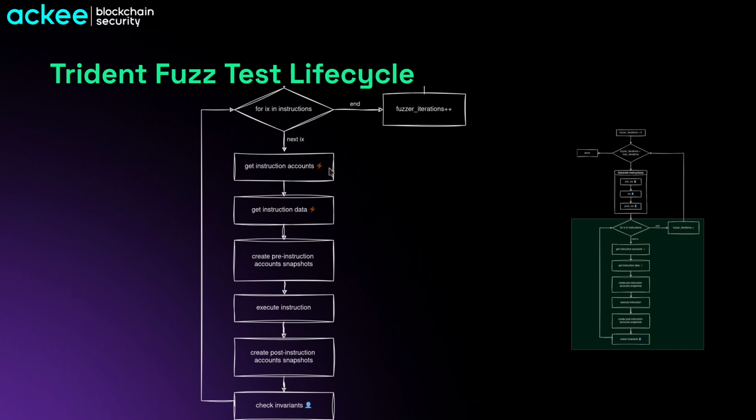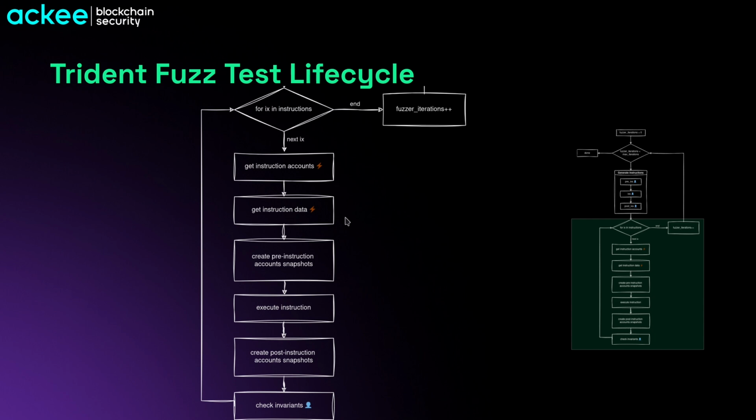So we have to specify the accounts here that should be submitted to the transaction in order to reduce the space complexity of the fuzzer.